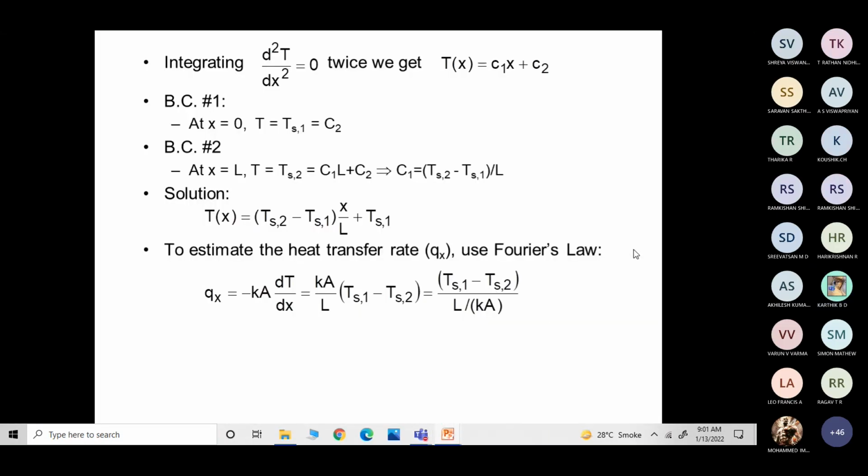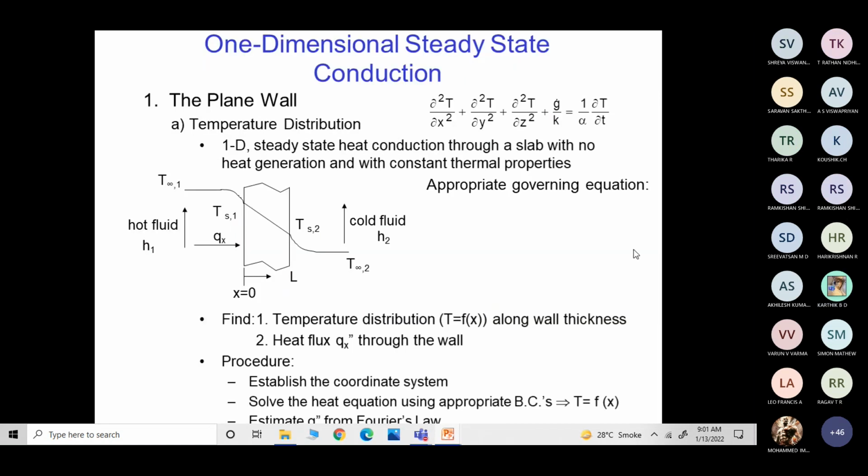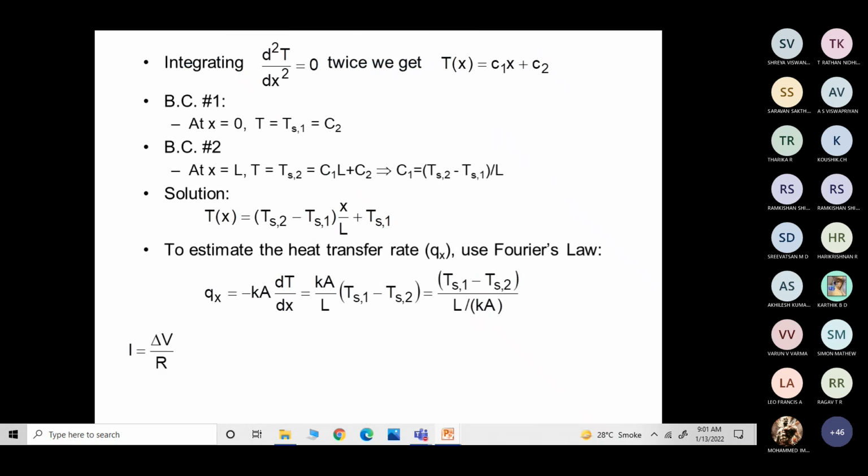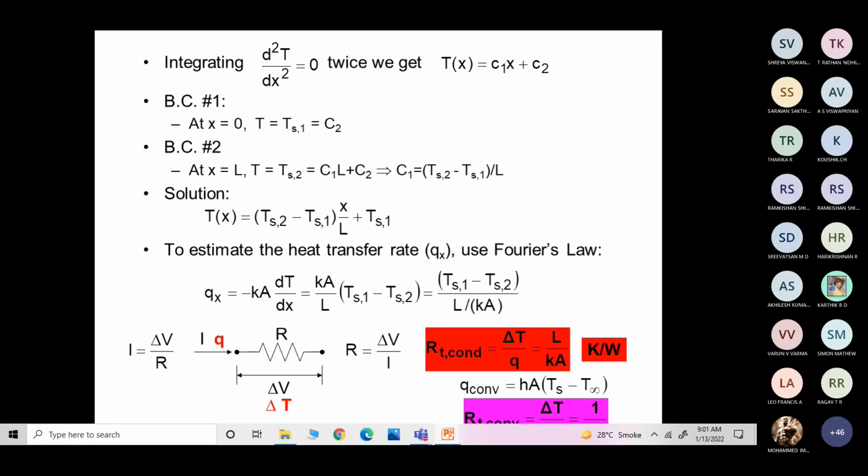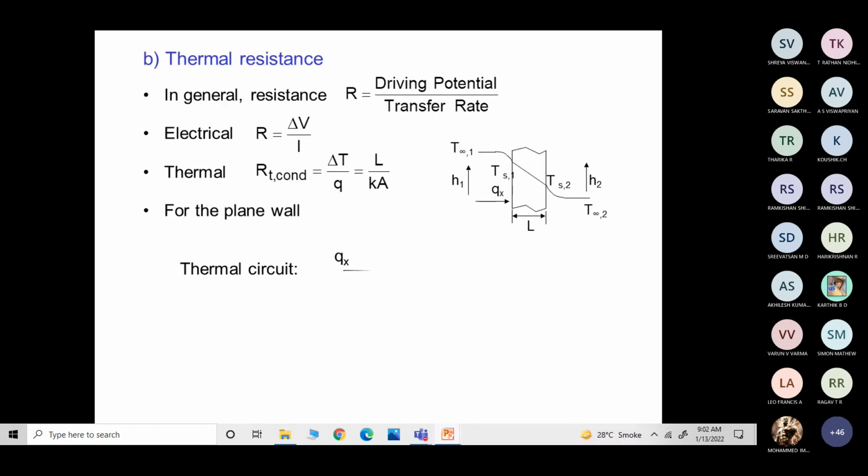So, in the last class, we discussed the temperature distribution in a plane wall, and the expression for the heat conducted through a plane wall from one side to another side. Similarly, we also discussed the overall heat transfer coefficient, right?